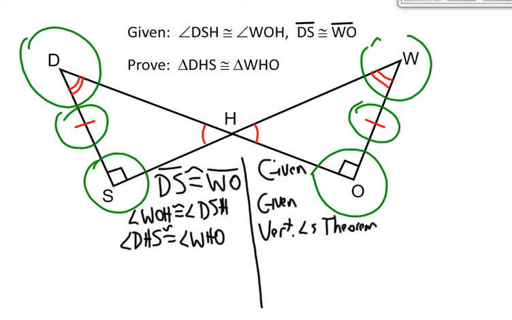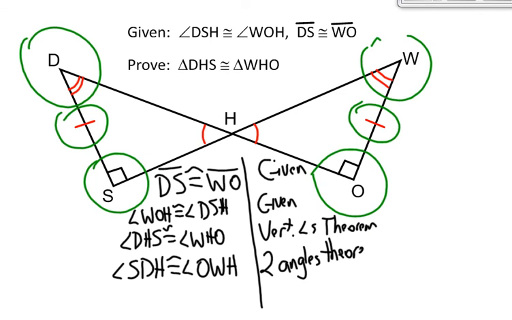Okay, now that I know that, given those two, I now know that angle SDH is congruent to angle OWH. How do I know that? By the two angles theorem.